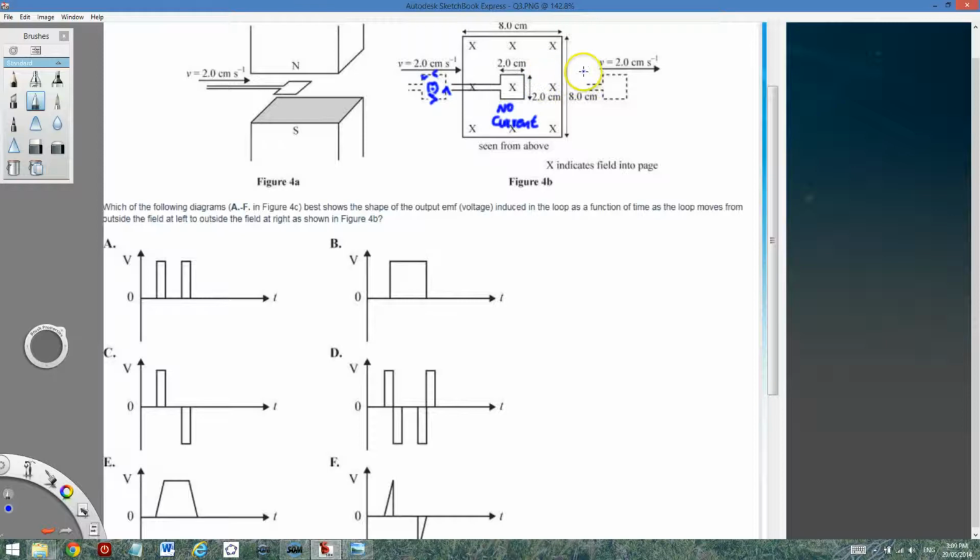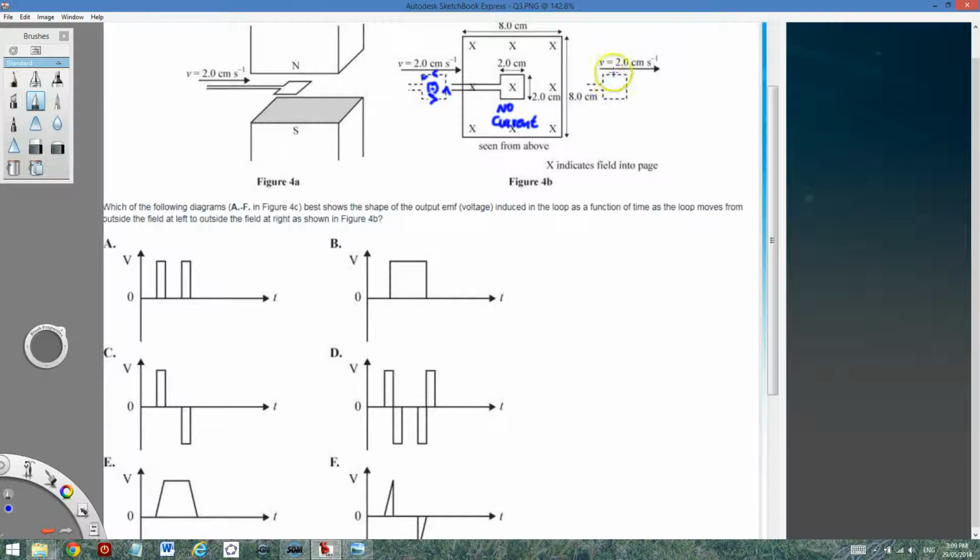So according to Lenz's law, while the loop is in the magnetic field, it's happy. It gets used to having a magnetic field inside it, into the page. Once it leaves, during the process of leaving the magnetic field, it's not happy. It wants to have a magnetic field inside into the page.